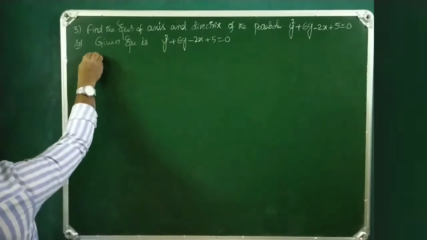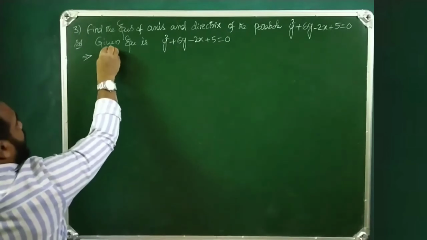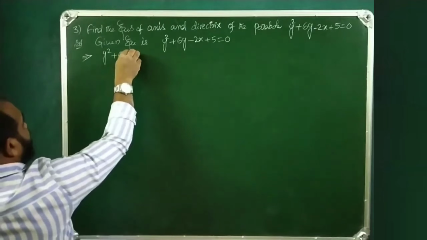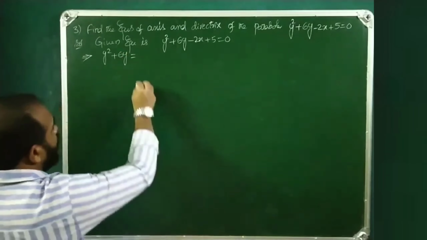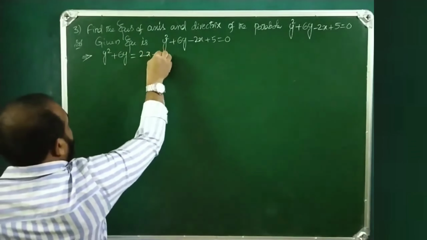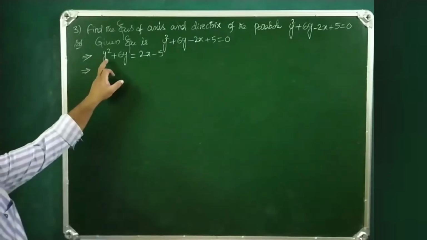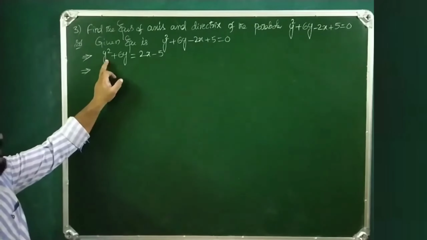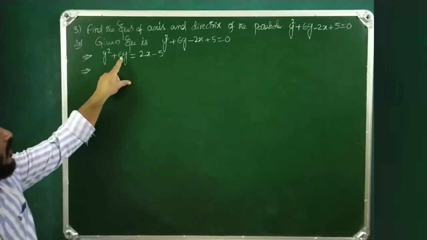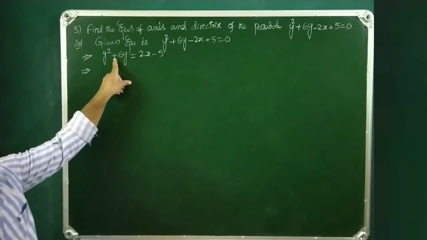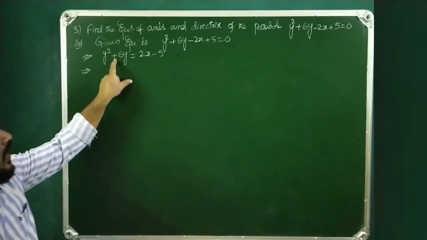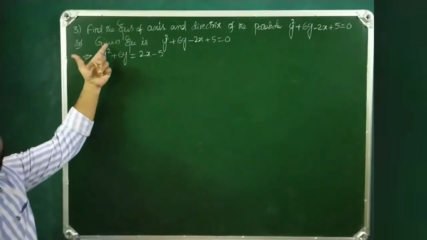This implies y square plus 6y, I will keep on the LHS and the remaining terms on the other side. Now, I have to express this in a plus b whole square. Here y has the symbol plus, therefore it is a plus b whole square.